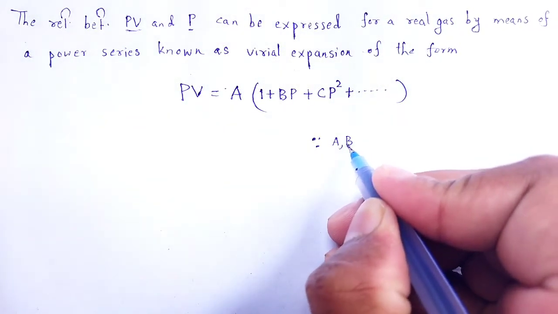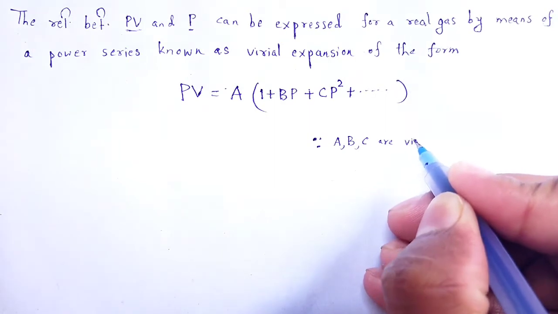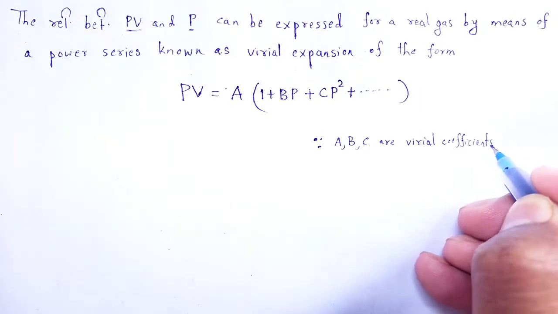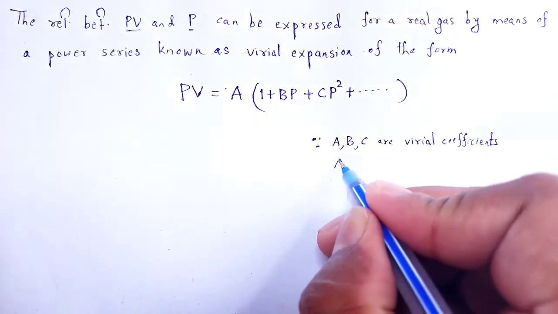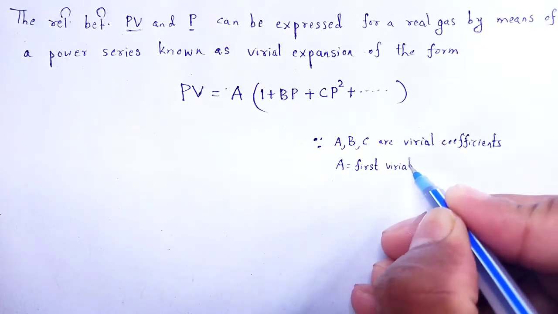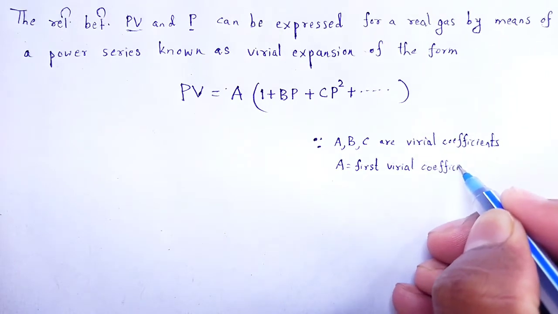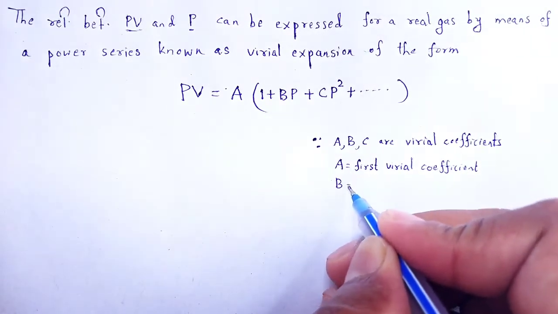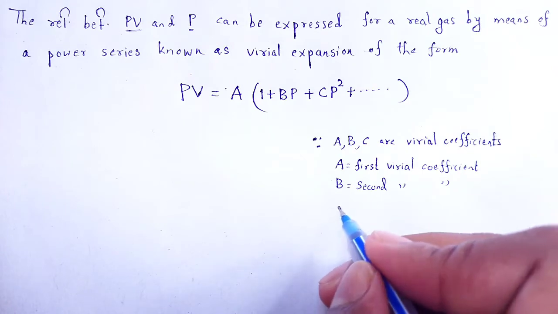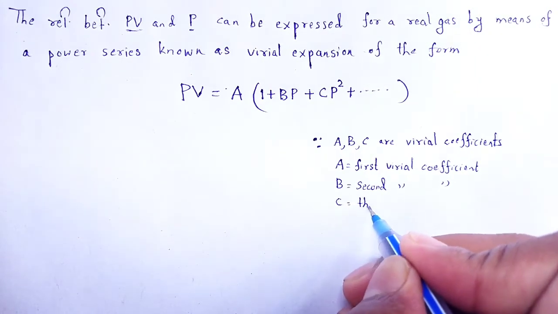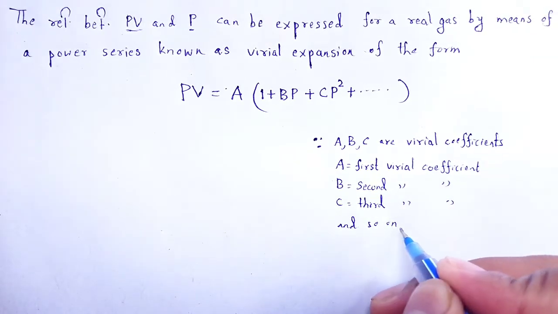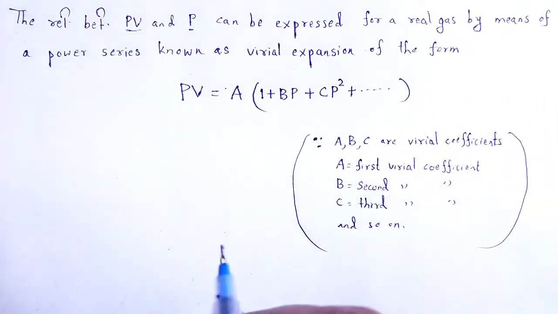A is the first virial coefficient, B is the second virial coefficient, C is the third virial coefficient, and so on. That proceeds like this.